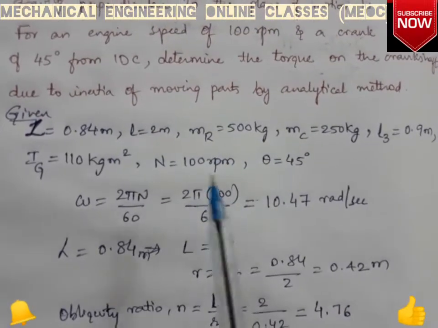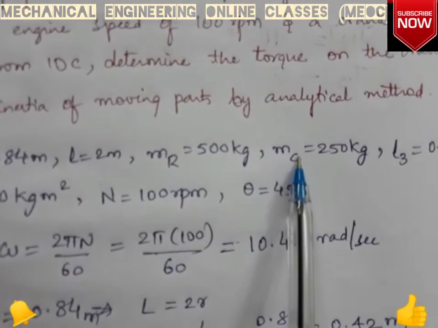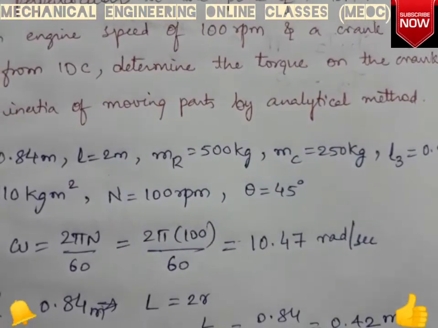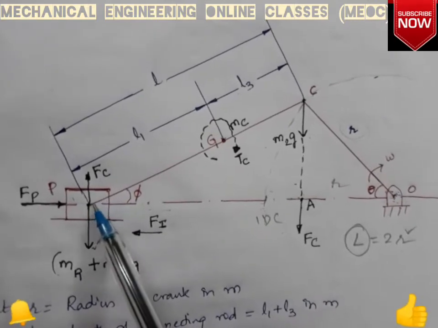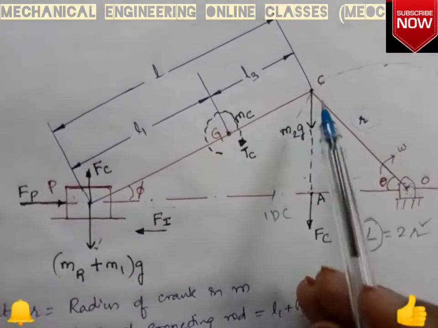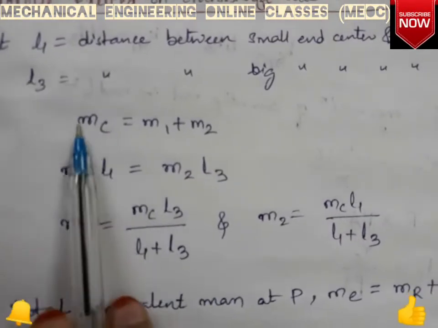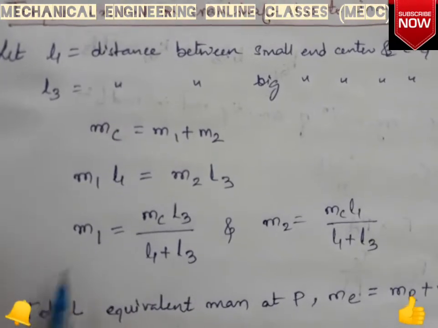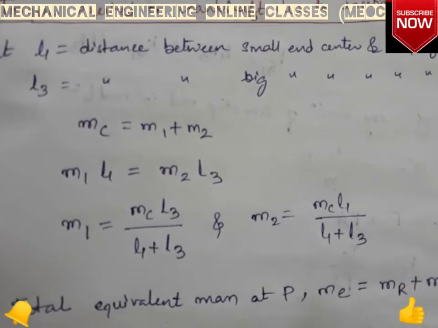Since in the question the mass of reciprocating part and mass of connecting rod is mentioned, we have to find M1 and M2 that should be placed at the small end and the big end of the connecting rod respectively. So we have to find M1 and M2 such that MC is M1 plus M2 and that M1 and M2 must be found from these relations.